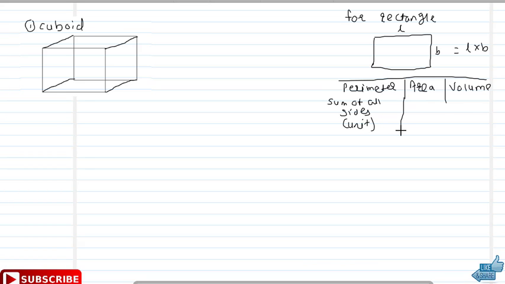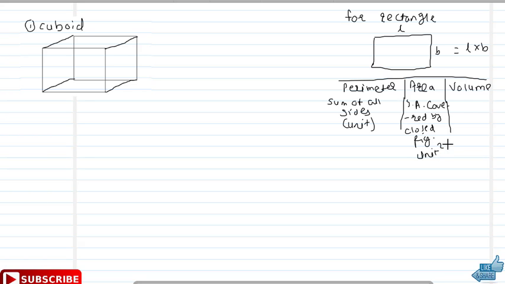And area is nothing but the area enclosed by these figures, meaning the surface area occupied by this figure, covered by a closed figure, and the unit is unit squared.